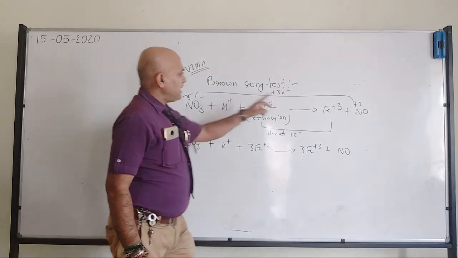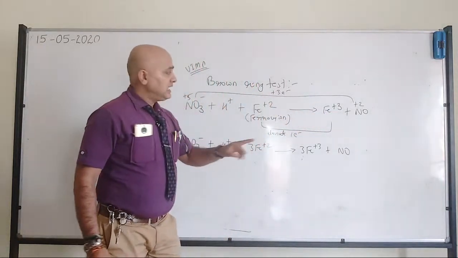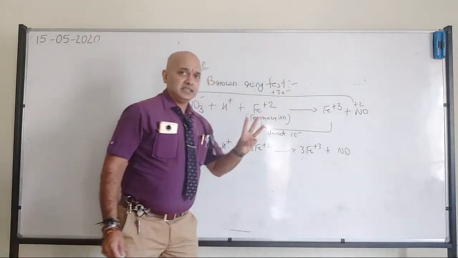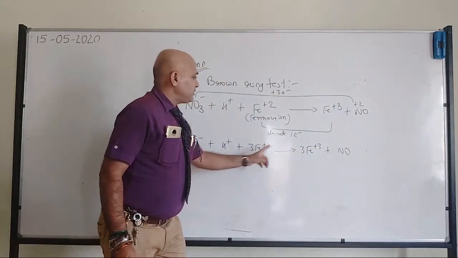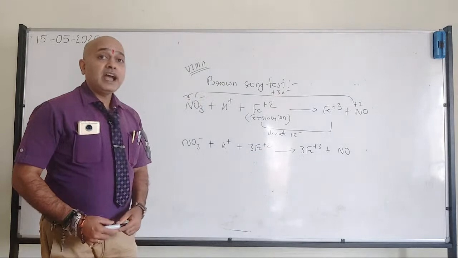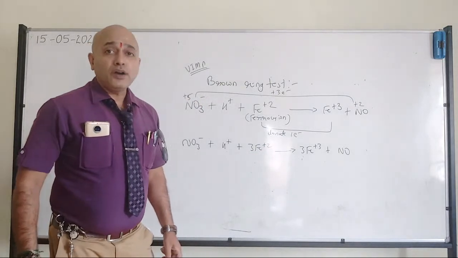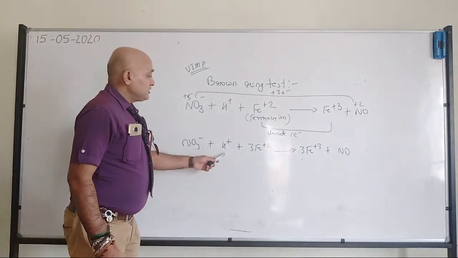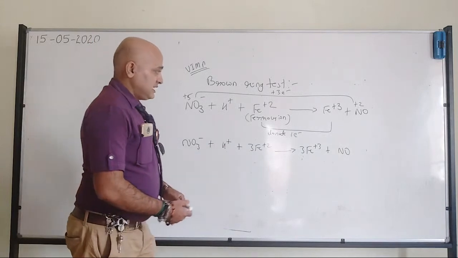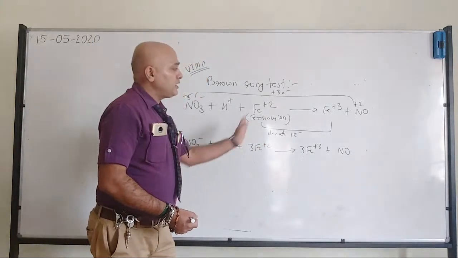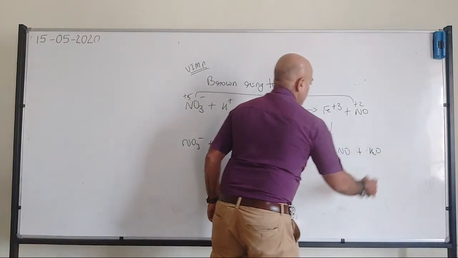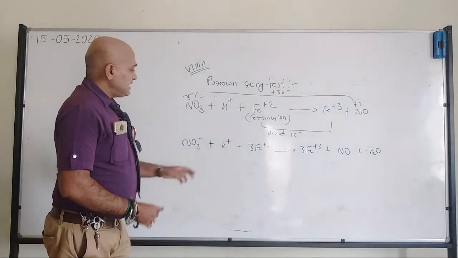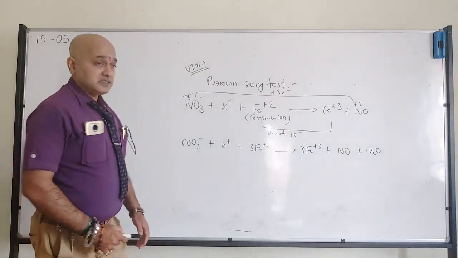So you multiply this one by 1 and this one by 3. This remains as it is, but this becomes 3. That's how we have balanced the number of electrons. Now since there is H+, there should be addition of water on the opposite side to balance the H+.